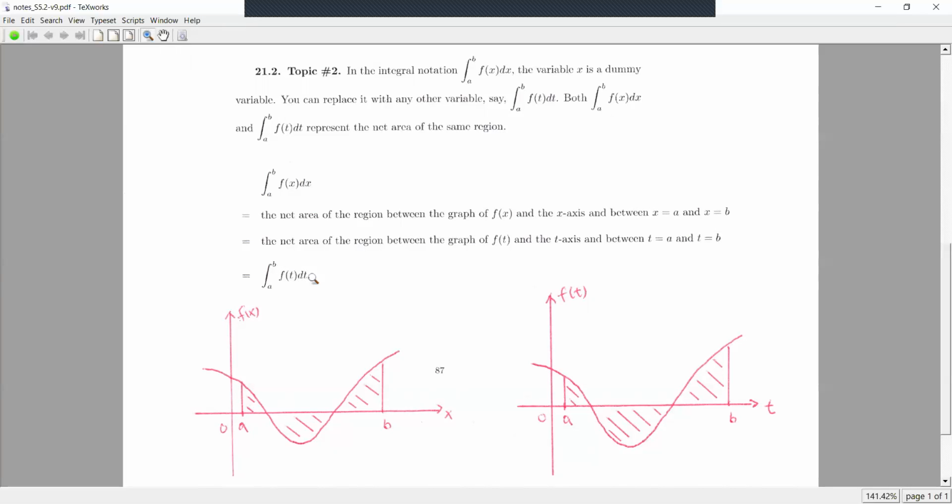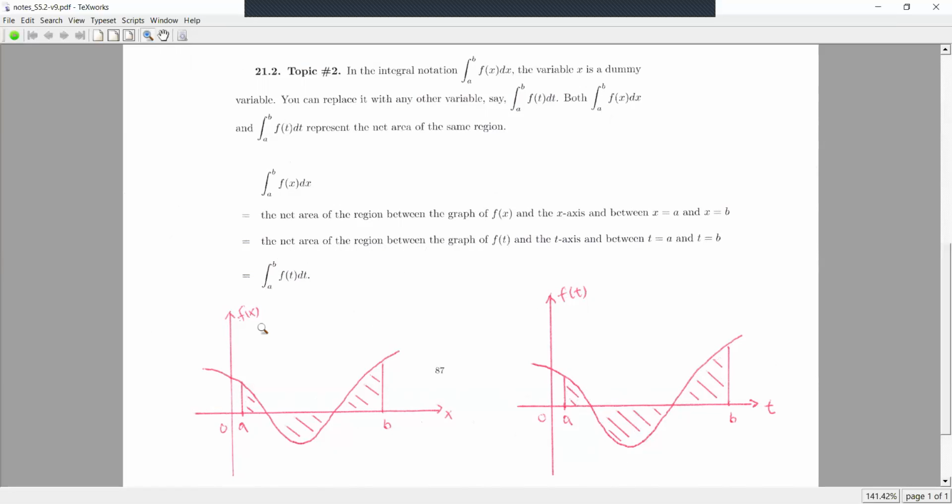How about the new integral? The new integral is the net area of the region between the graph of the function f of t and the t axis and between a and b. So this new integral is the net area of this shaded region. This shaded region is on the t, y plane.